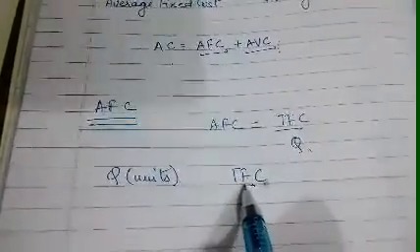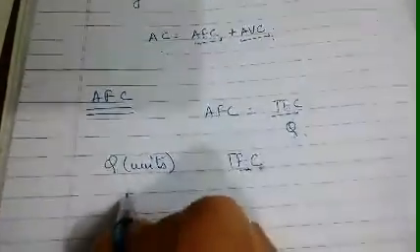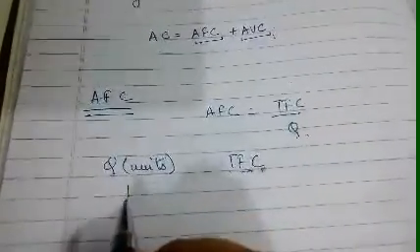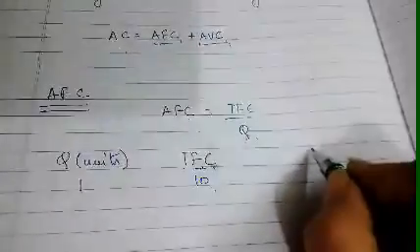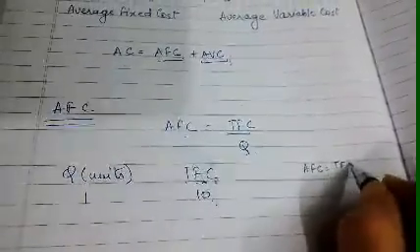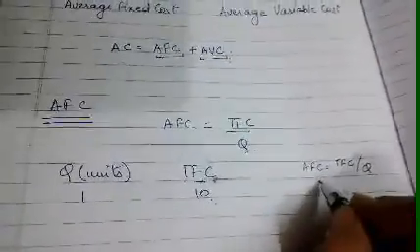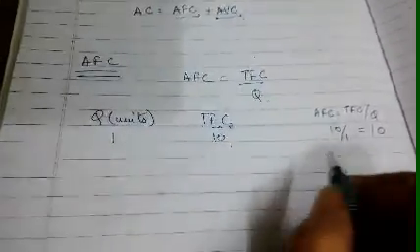We have to pay the fixed rent, so total fixed cost will be the same. So if 1 unit is produced, total fixed cost is 10. We calculate average fixed cost by the same formula, total fixed cost divided by quantity. So 10 divided by 1 comes out to be 10.